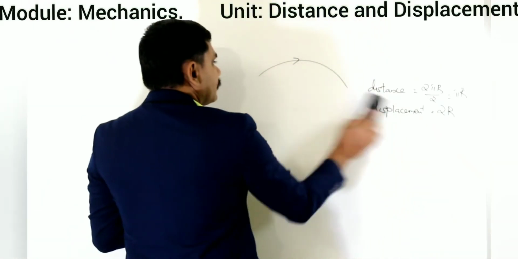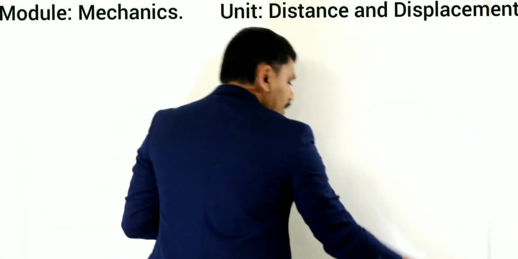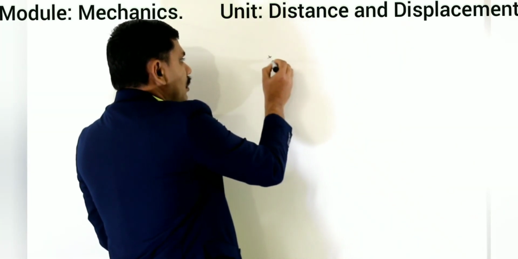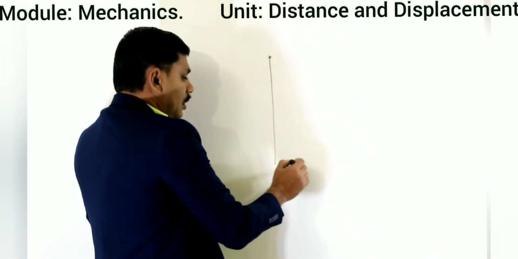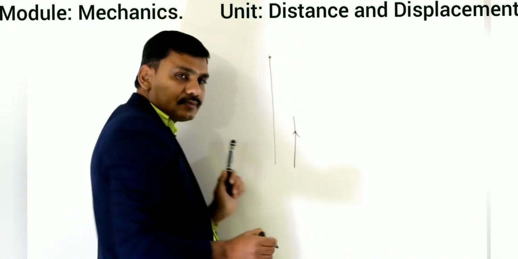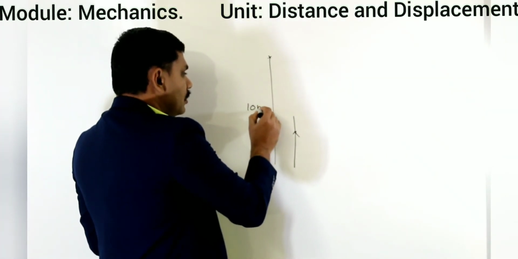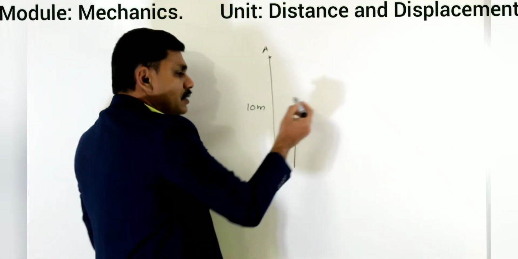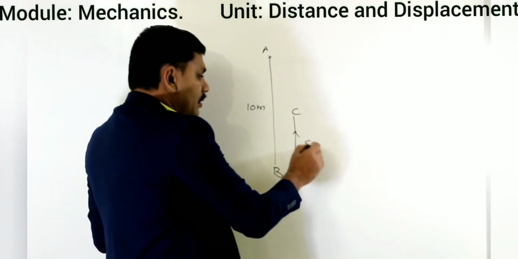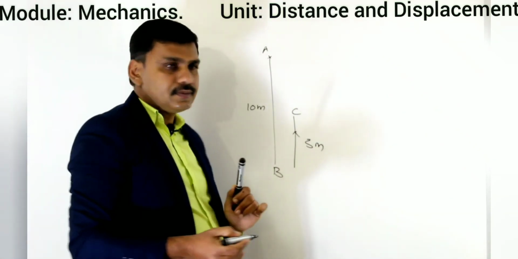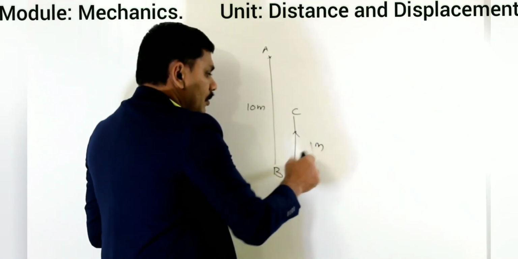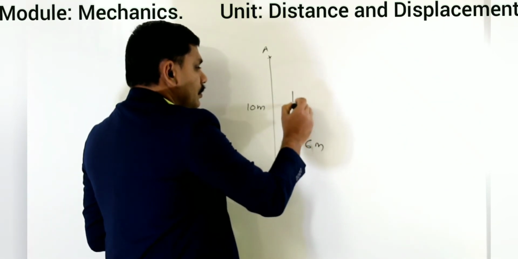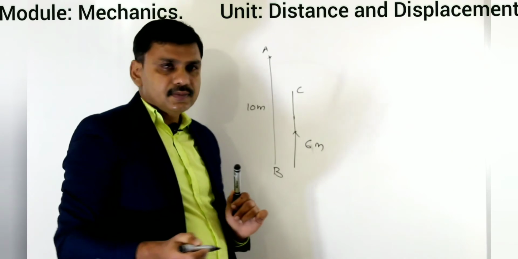Then if you consider the upward motion of an object, here the object is coming down and then it is moving up. This is 10 meter, A to B, then reaching C. For example, it is 6 meter.